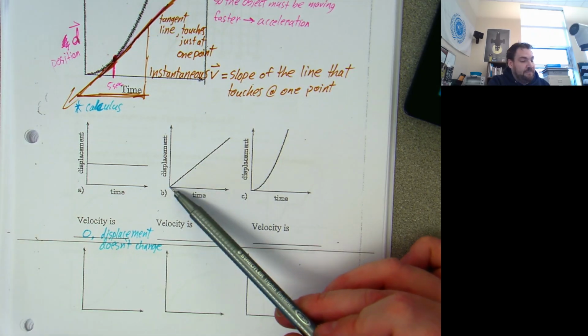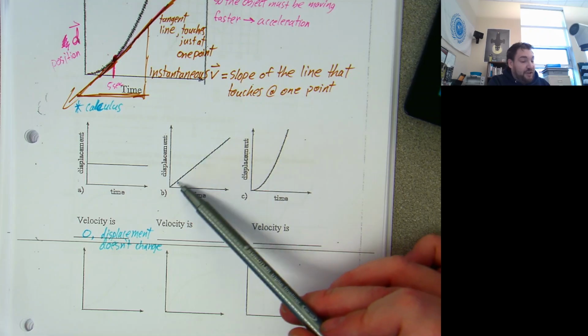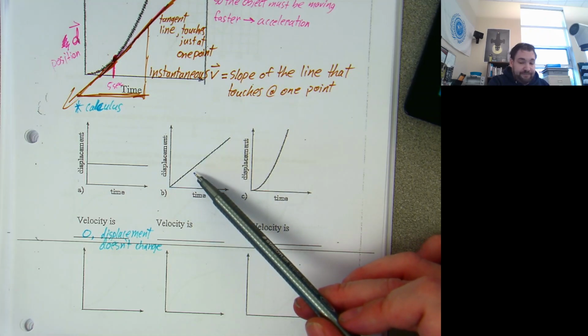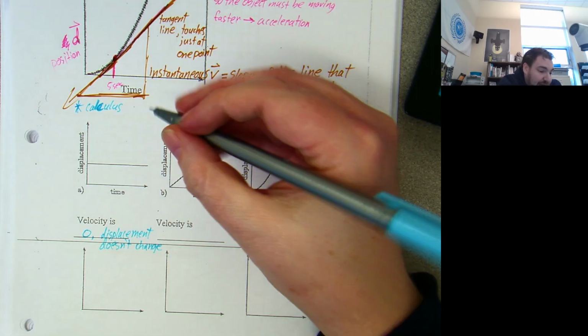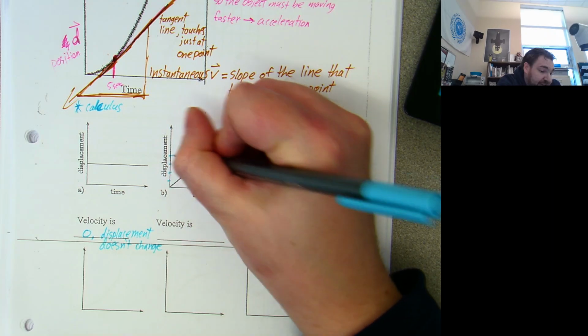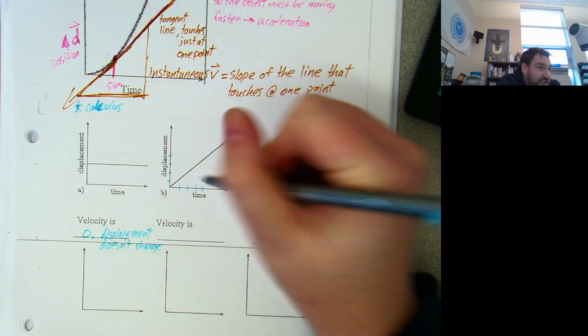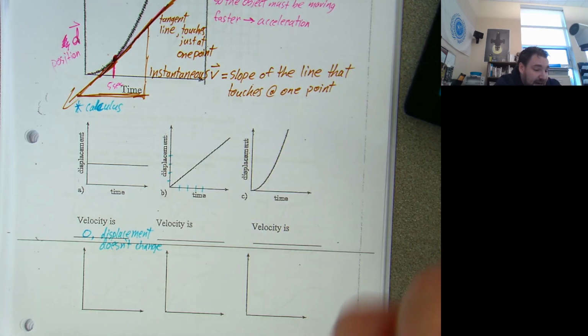What can you tell me about the velocity for a graph that looks like this? Yeah, Kai. It looks like 1/1. I mean, we don't know what the scales are necessarily. If the scales are even, Kai, you're giving it a value.